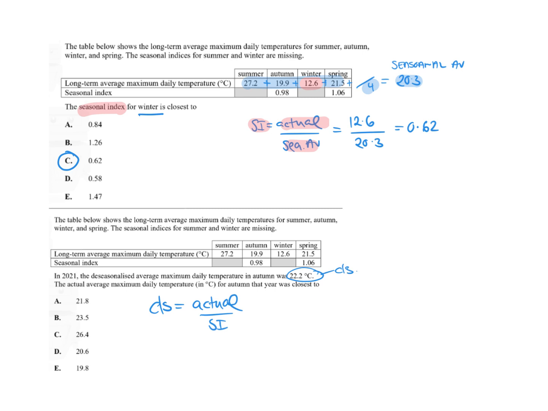So for the actual temperature, we had a formula for reseasonalizing, which was actual equals deseasonalized times seasonal index. So for this one, 22.2 times the seasonal index for autumn, which they did give us, is 0.98. So 22.2 times 0.98 was 21.75. 21.8 is what they rounded it to.